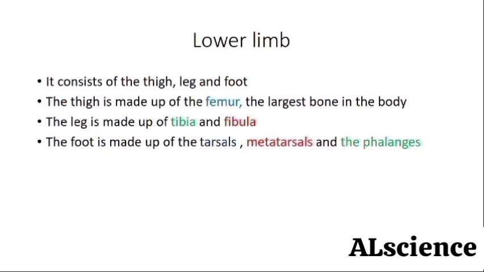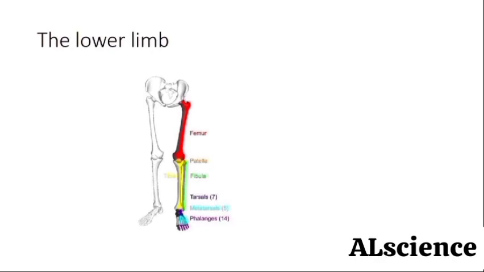The leg is made up of 2 bones, which are the tibia and fibula. The fibula is much thinner than the tibia. The foot is made up of tarsals, metatarsals, and phalanges. In addition to that, there is also a bone called the patella, which is located at the knee. It is flat in nature.